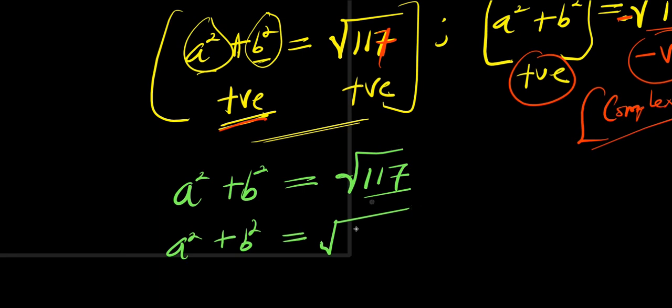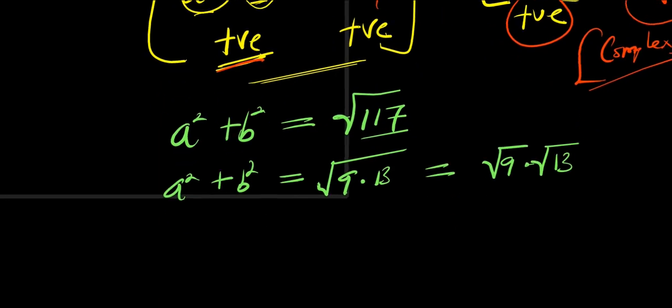You have square root of 9 times square root of 13. So from here you have a squared plus b squared equals square root of 9, which is 3, times root 13. So that is a squared plus b squared.